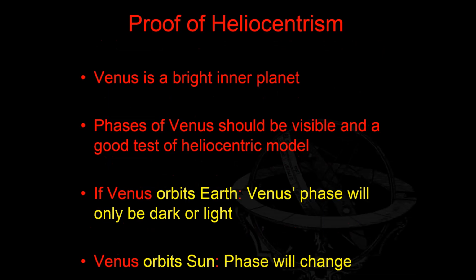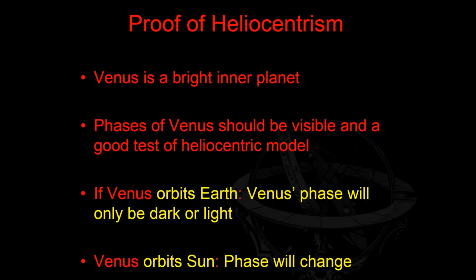So proof of heliocentrism was really needed. And that proof really came in the form of observing Venus. Venus is a bright planet, so it's easy to see. It's also an inner planet, inside the orbit of the Earth.